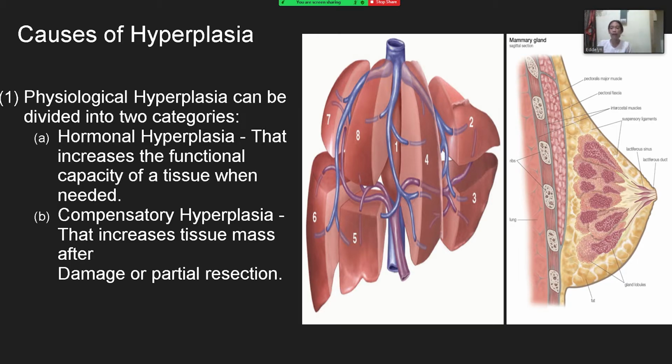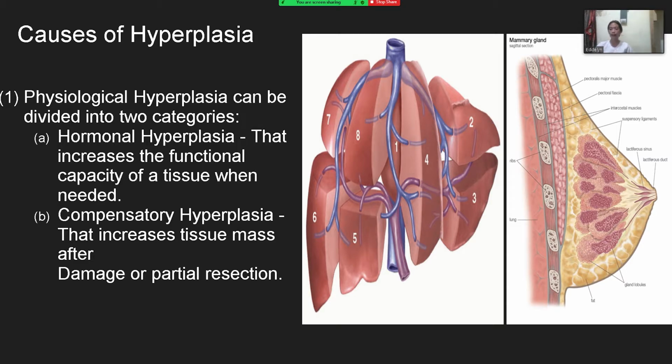So review lang, ang hypertrophy ay ito yung pag-increase ng size ng cells. Tapos ang hyperplasia naman ay yung pag-increase ng number ng cell. So yun. Hyperplasia can be physiologic and pathologic.